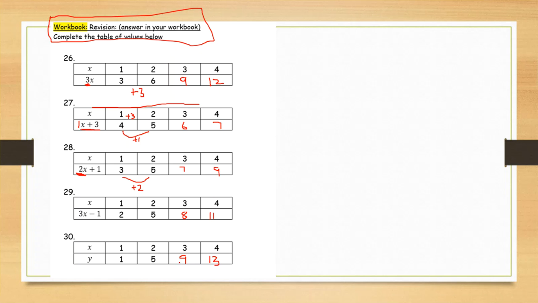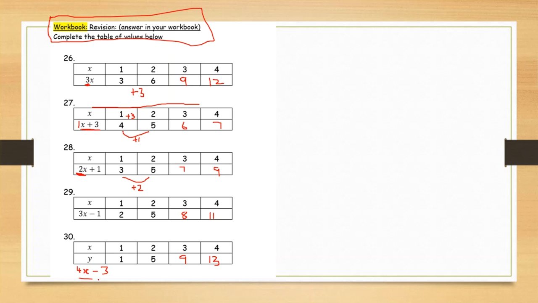To work out the actual rule, we're going up by 4, so we'll have 4x. And then we need to take away something. 4 1s are 4, so we need to take away 3.